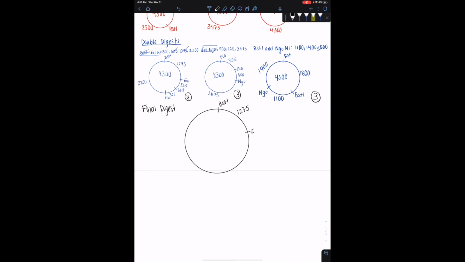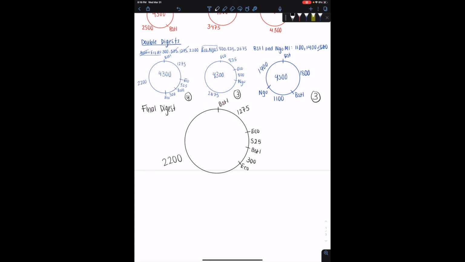There was a cut by Eco right here, a cut by B, and then another cut by Eco, and then we have this large portion that is equal to 2,200.